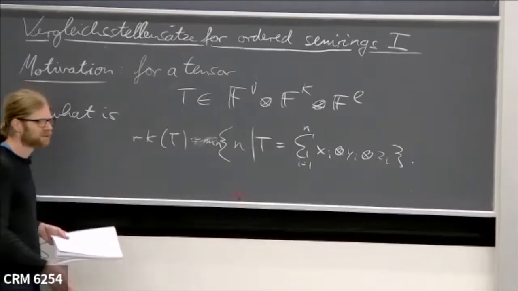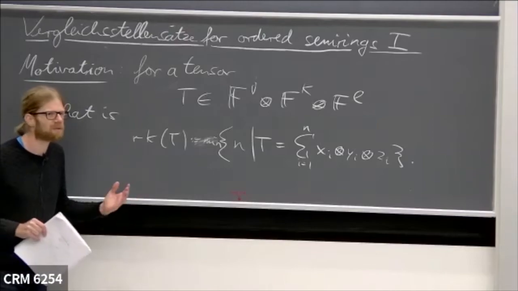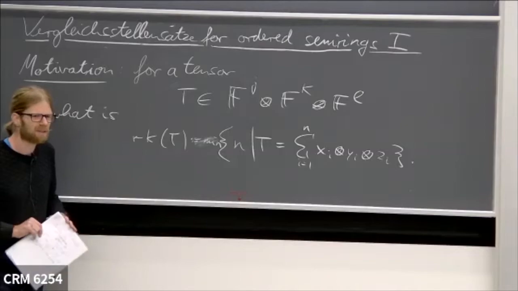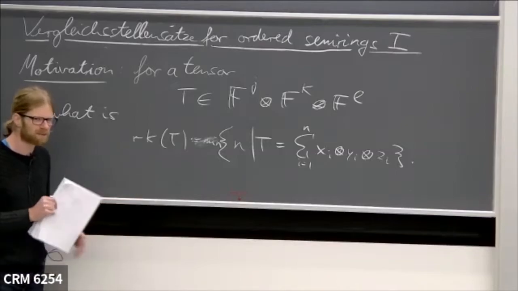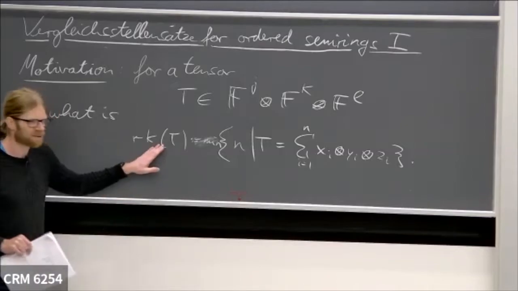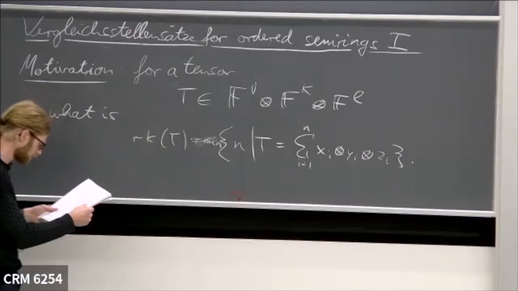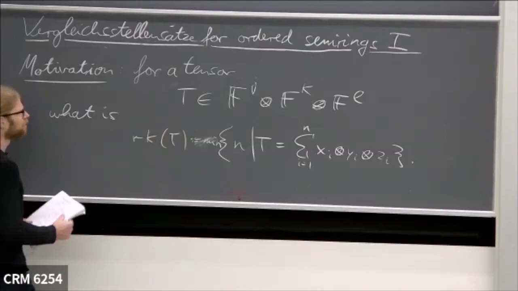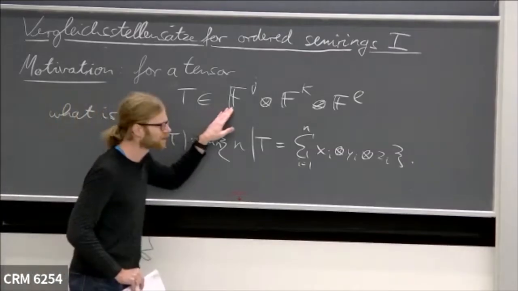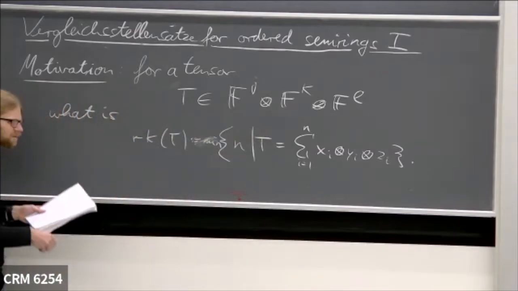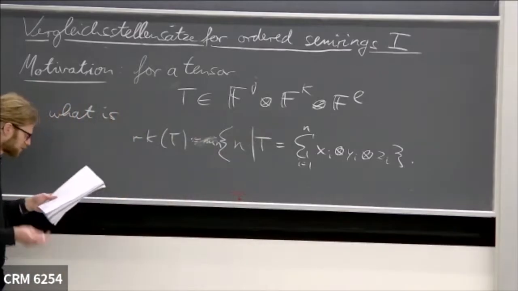But what's of interest, especially in the more complexity theory applications, for example the complexity of matrix multiplication, would be something more like the asymptotic rank. If we take a tensor power of t, so that we get a larger tensor, then what is the rank as the tensor power goes to infinity?